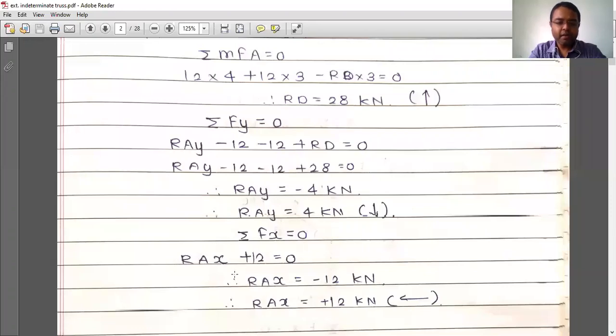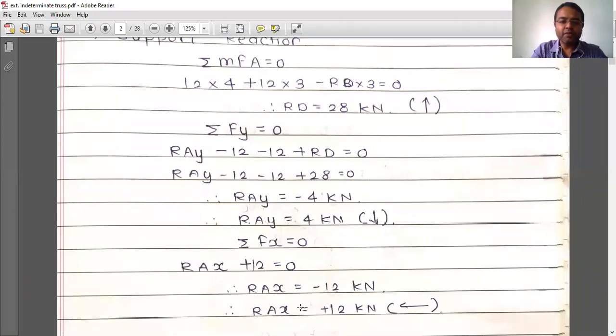So here again you are getting RAX as negative, means again our assumed direction is wrong. So just make the assumed direction correct. So finally RAX is going towards left.